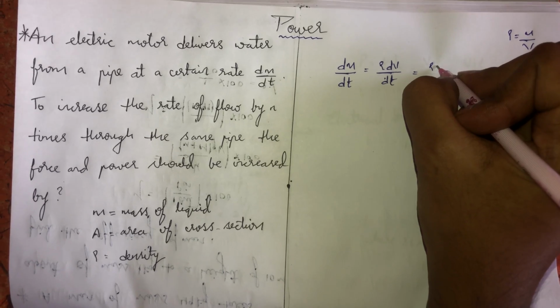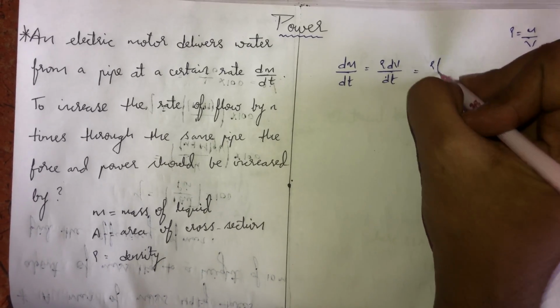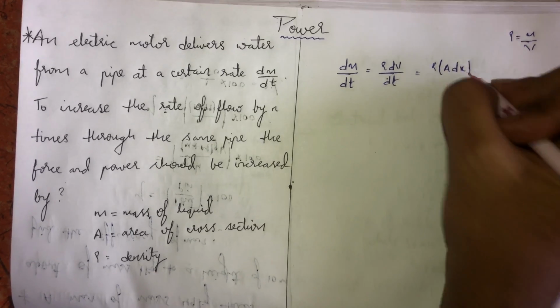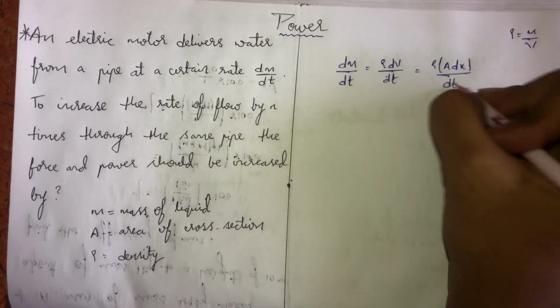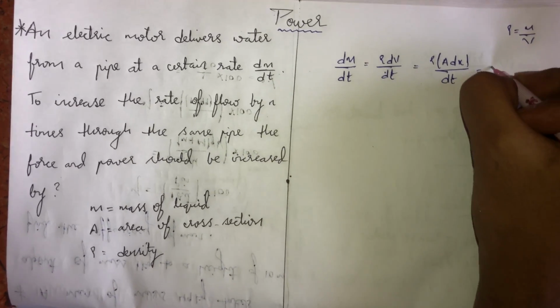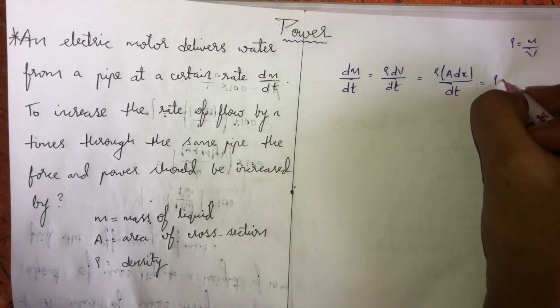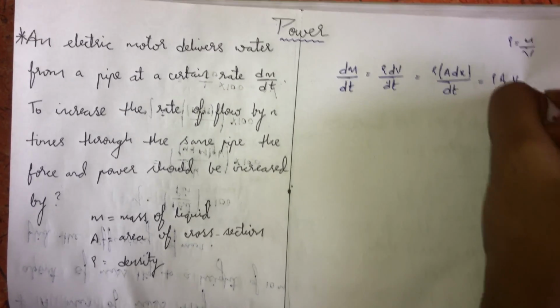Volume will be equal to area into rate of change of displacement by dt.